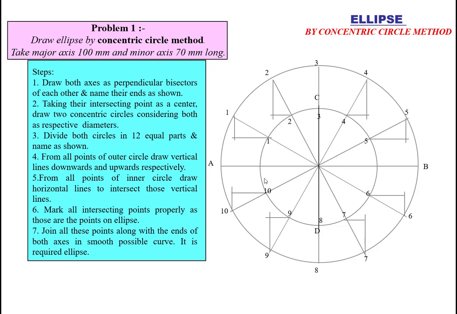So we will get here 12 different points, P1, P2, P3, P4, P5, P6, P7, P8, P9, P10, P11 and P12. Now join these points by French curve or freehand. So the required curve will be obtained here; darken it. This is the ellipse by concentric circle method.